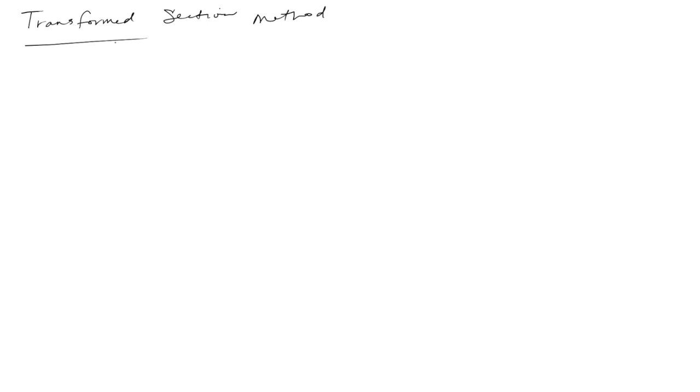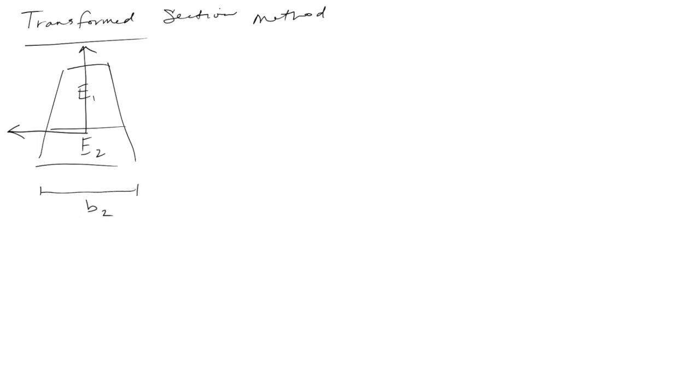And the question that it's trying to answer is, if I have a beam of two different materials, call this E1, E2, maybe the neutral axis is down here somewhere, where this is B2. Does there exist a transformation where I can think of an analogous beam where everything is E1?